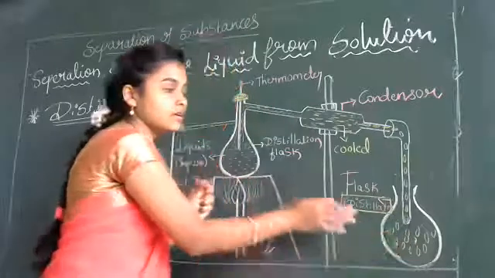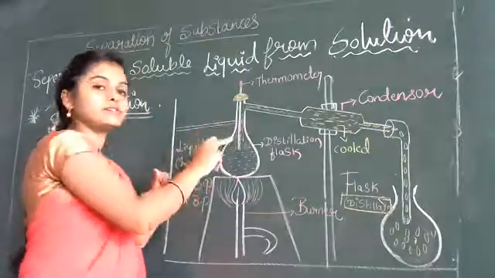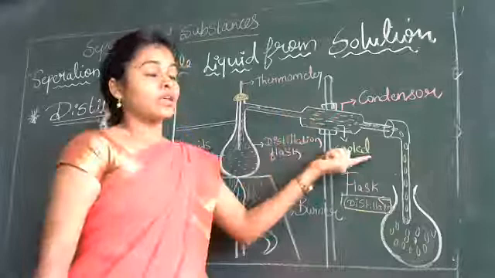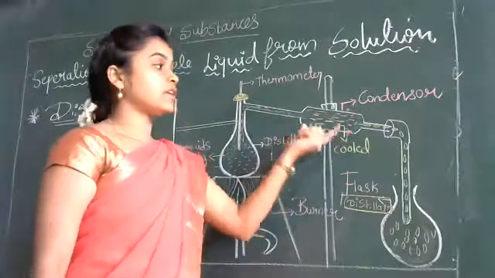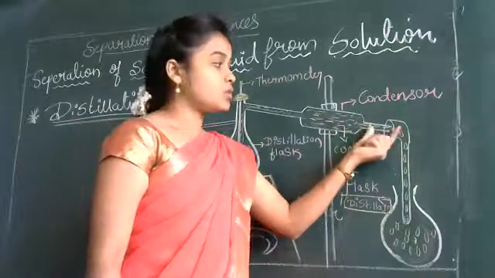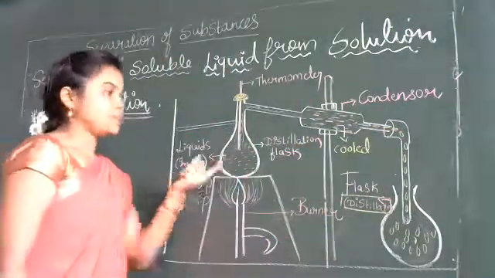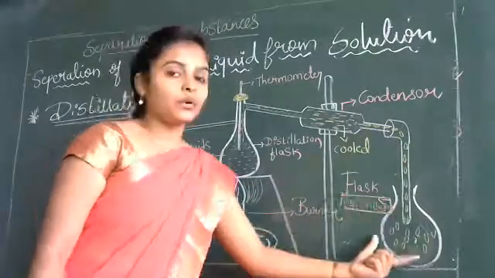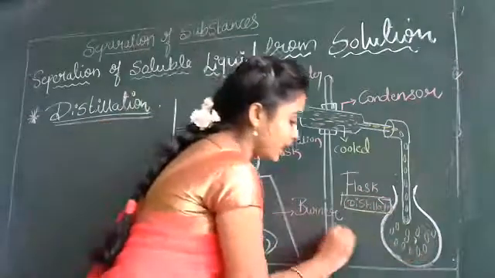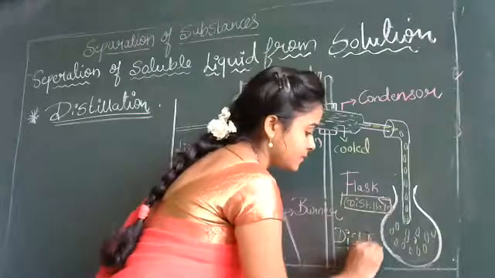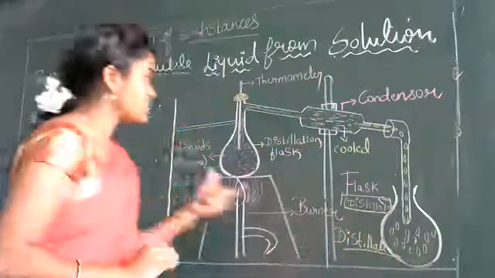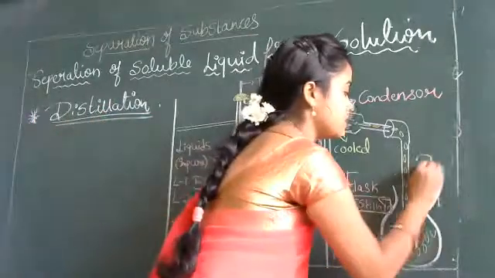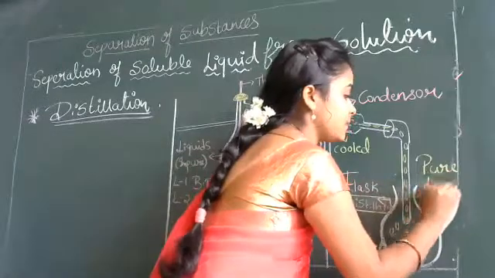So this liquid vaporized first, its vapors were collected in the condenser and then cooled, converted into droplets of that particular liquid, and collected in the other flask. That pure liquid is called a distillate. Understood? So why are we using the distillation process? To get a pure liquid.